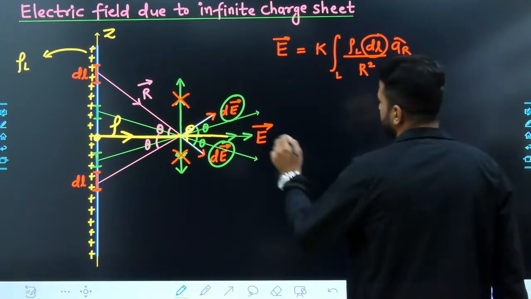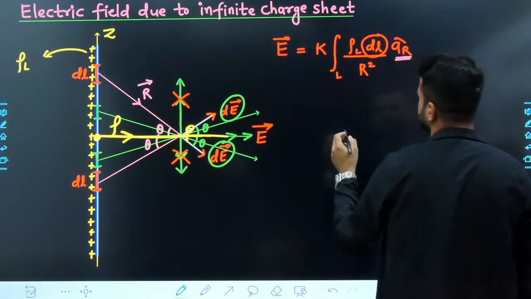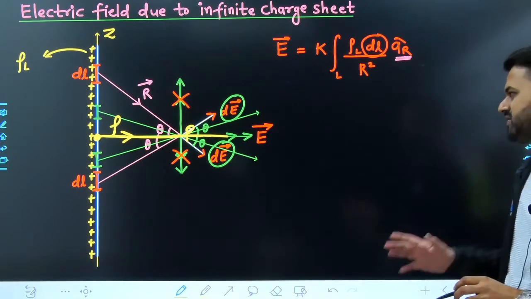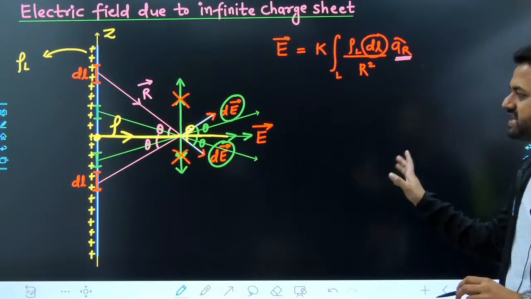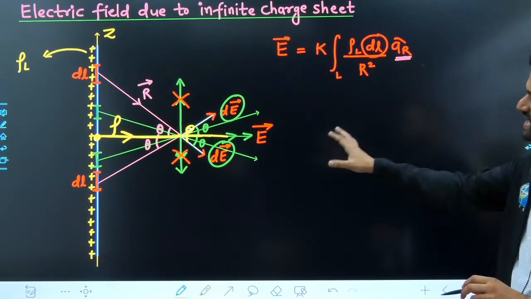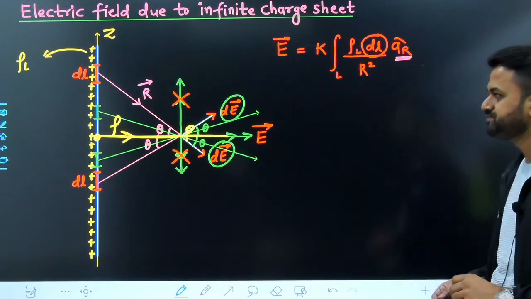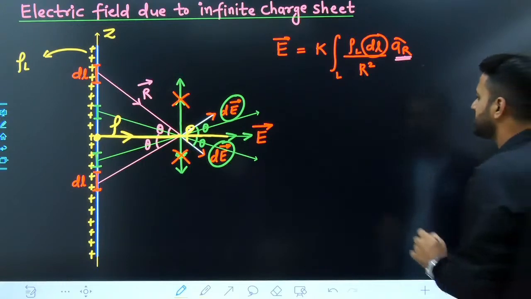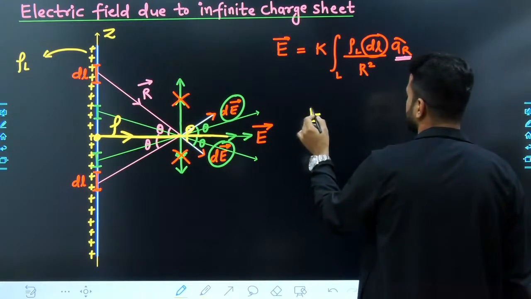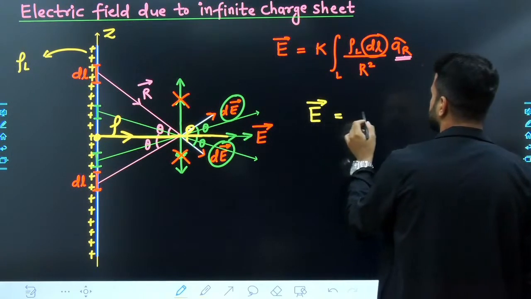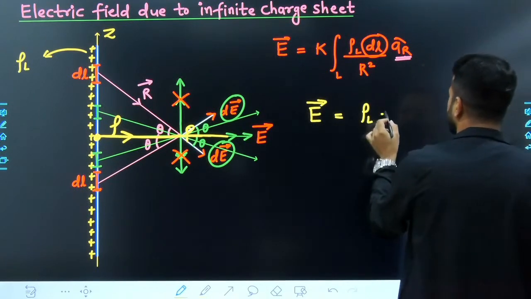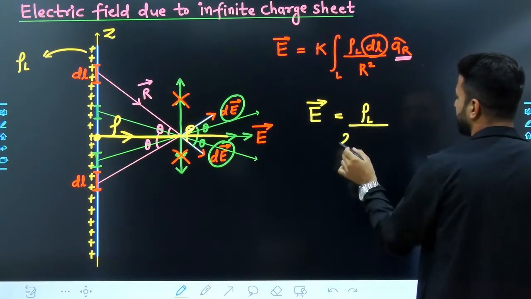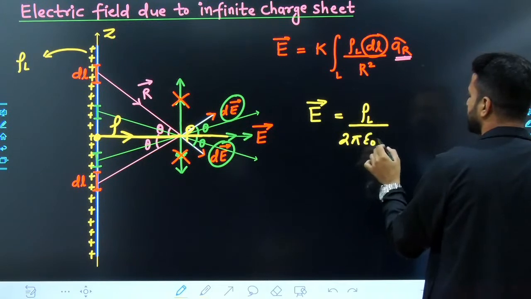So the electric field due to the infinite long line charge, after the whole derivation, I am not discussing the derivation part, but why the direction is taken in this direction rho, that I explained to you in this diagram. So whenever the infinite long line charge is given to you, the electric field intensity due to the infinite long line charge is given by rho L divided by 2 pi epsilon naught rho.